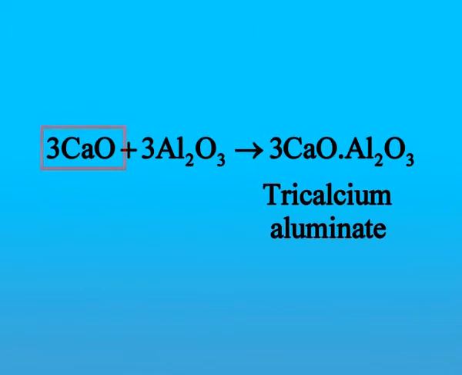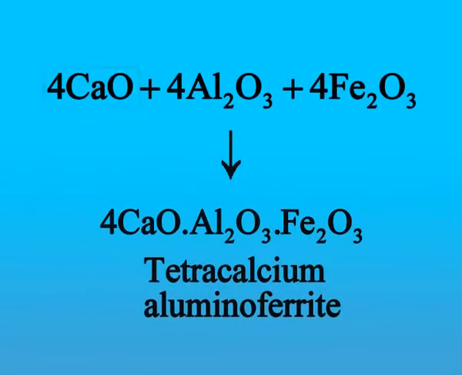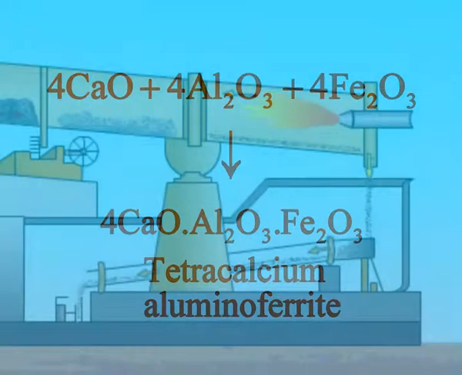Calcium oxide reacts with aluminium oxide to form tricalcium aluminate. Calcium oxide reacts with aluminium oxide and ferric oxide to form an additional product, tetracalcium aluminoferrite.